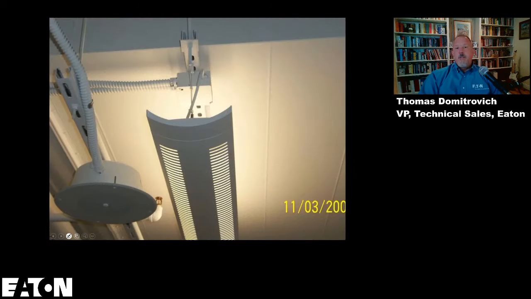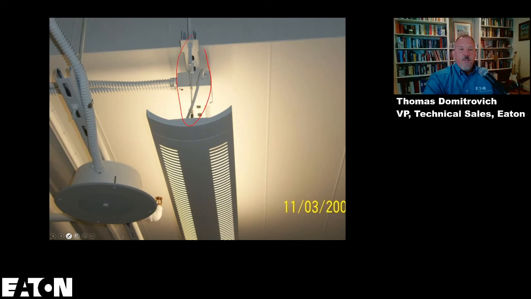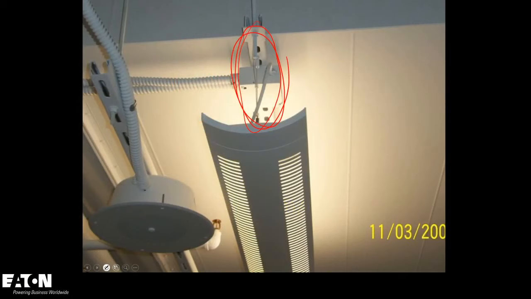And so here are some images. Now the other thing that I'll point out on this, you have a strain relief right in here. That is basically taking the pressure off of the cord.